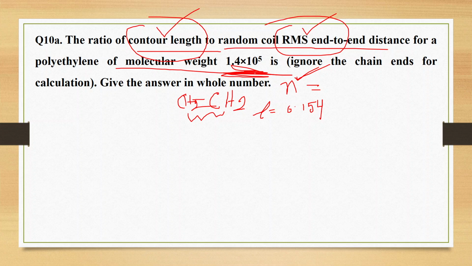You would not need L, I guess. Okay, so two different values again. One is saying 15.4, another answer is 71. Let us see what others are getting. And do not forget to ignore the contribution of the chain ends during the calculation.